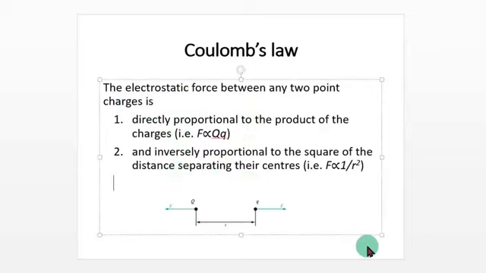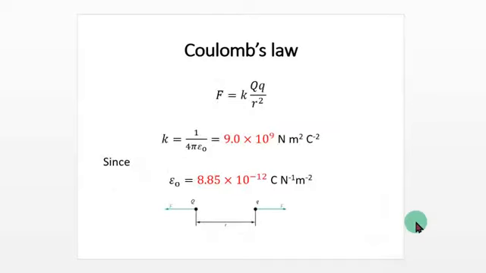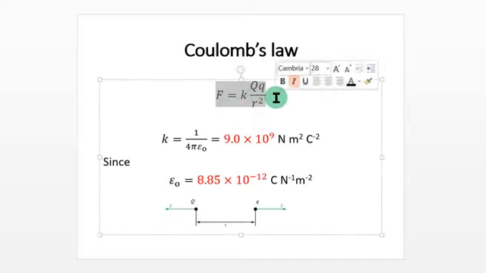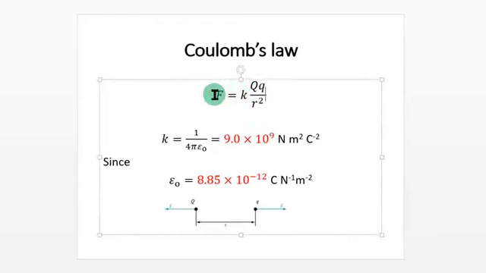Let's move on to see how we can apply Coulomb's law. Even before then, let's talk about the mathematics. If we have a proportionality relationship, for example, the force being proportional to the product of the charges and inversely proportional to the square of the distance separating their centers, we can change the proportionality into an equation by introducing a constant of proportionality.